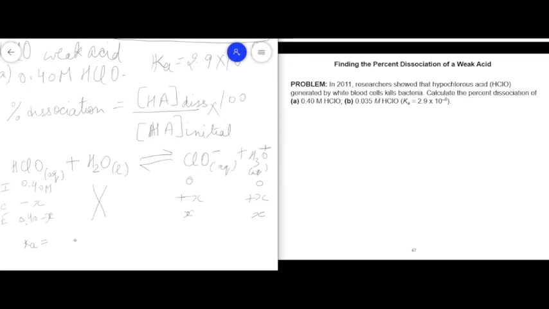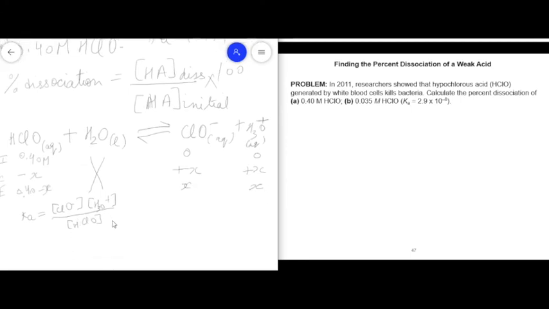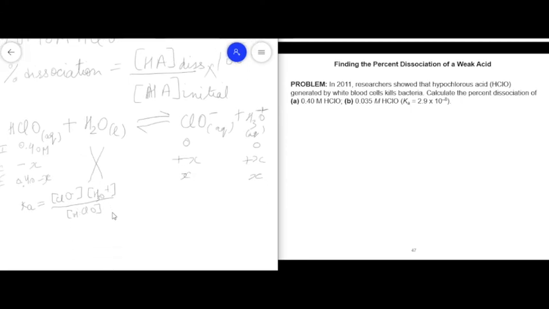Ka in this case is going to be product, which is ClO minus times H3O plus over our acid HClO, and water is not included because it's a liquid. So if you plug in our numbers, Ka is given to us in the question.